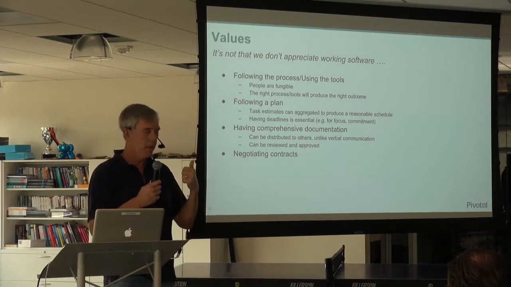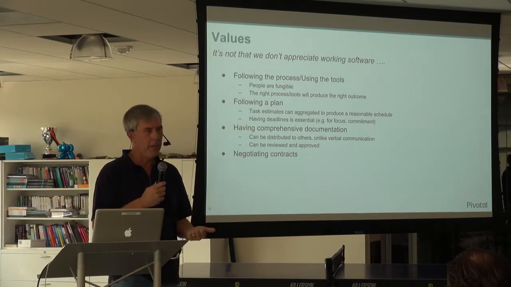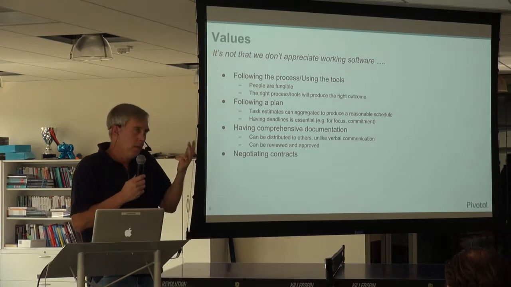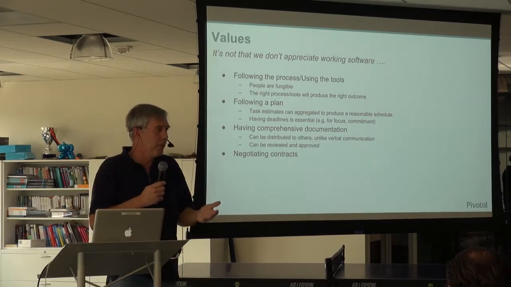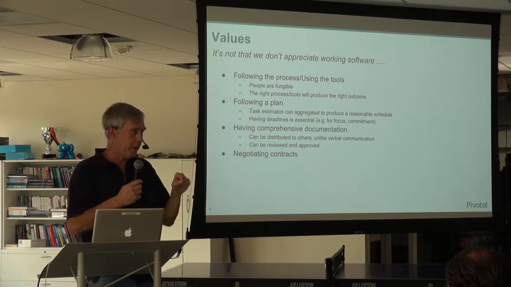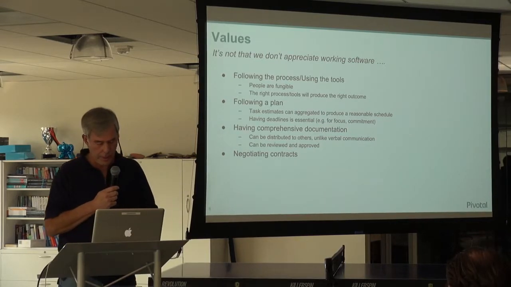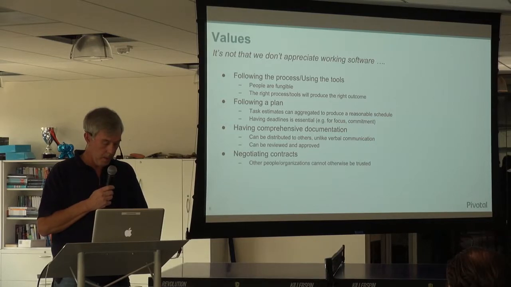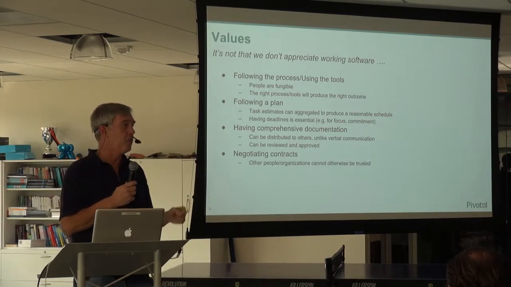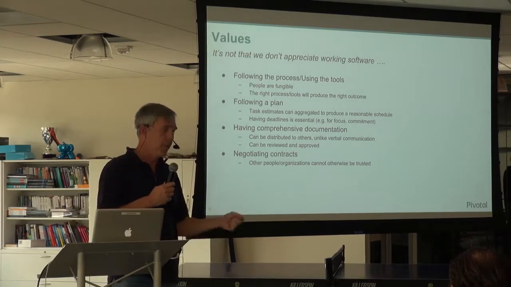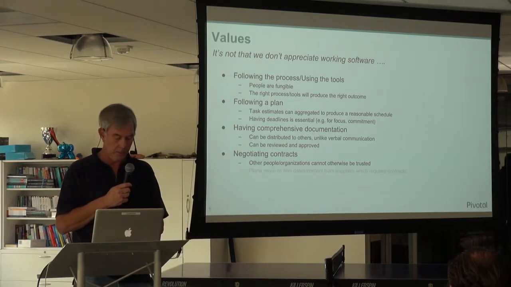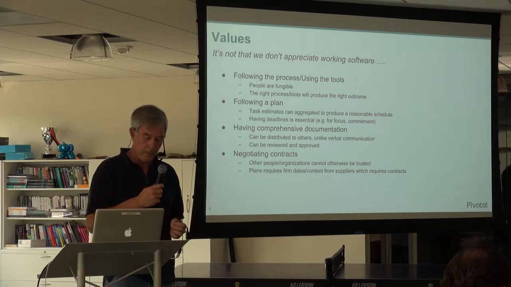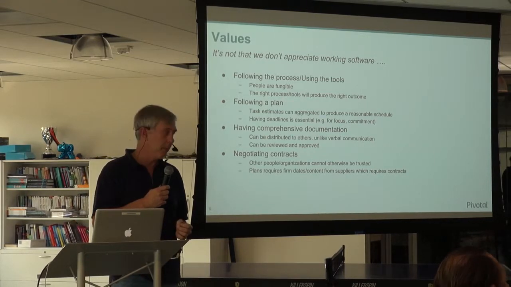So you get detailed specifications of what it is, when it's going to be delivered, some acceptable number of defects, et cetera, and a lot of attention goes into that contract and making sure that the contract spells out everything you expect. Again, based on the fact that you can't trust other organizations, so the contract's a way to protect yourself. And again, plans, firm dates, content from suppliers.